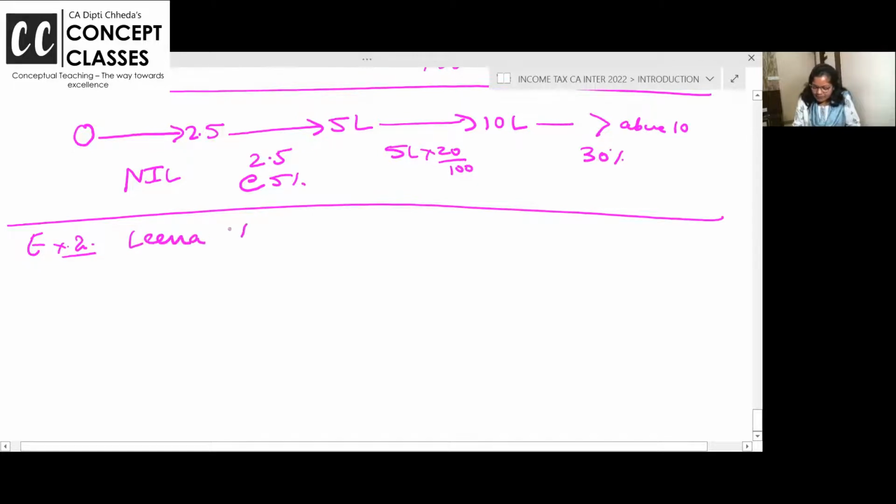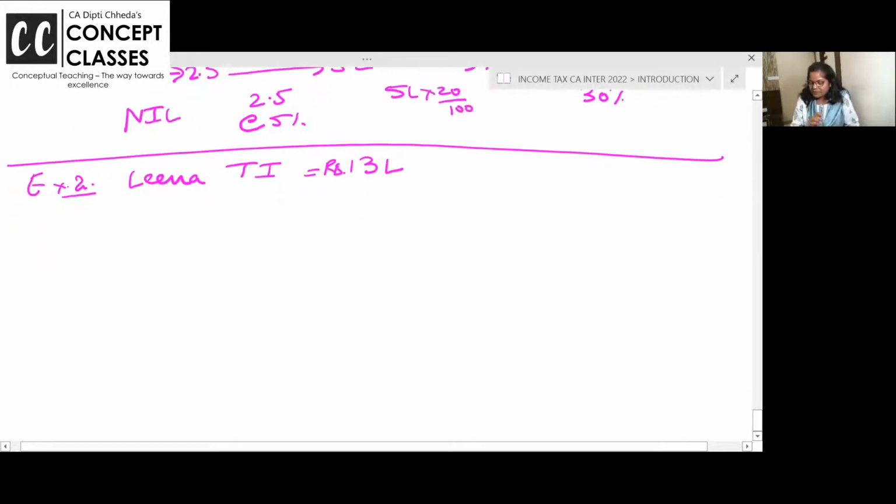Leena. Total income is 13 lakh. I always say, dear students, जब हम concept पढ़ते हैं ना, I take very easy figures. 10 रुपए, 2 रुपए, I will talk. Let crores be for TV serial. TV serials में करोड़ों की नीचे बात ही नहीं होती, है ना? हम क्या पढ़ रहे हैं अभी?